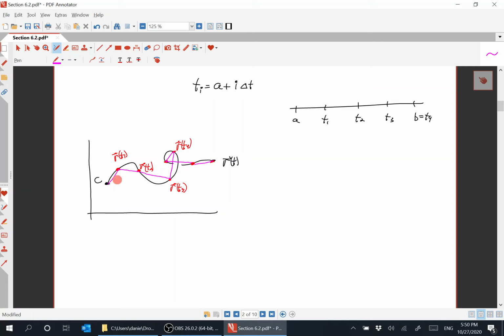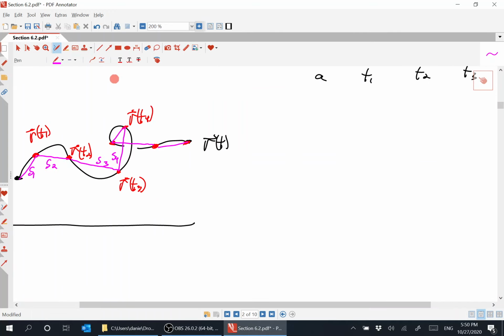We'll call these straight line segments S1, S2, S3, S4, so on and so forth. So S3 goes from r of t2 to r of t3, S4 goes from t3 to t4, this is S5, S6, S7.